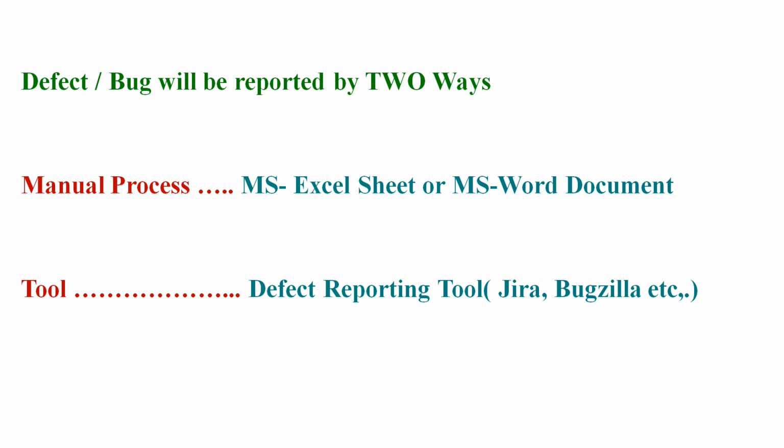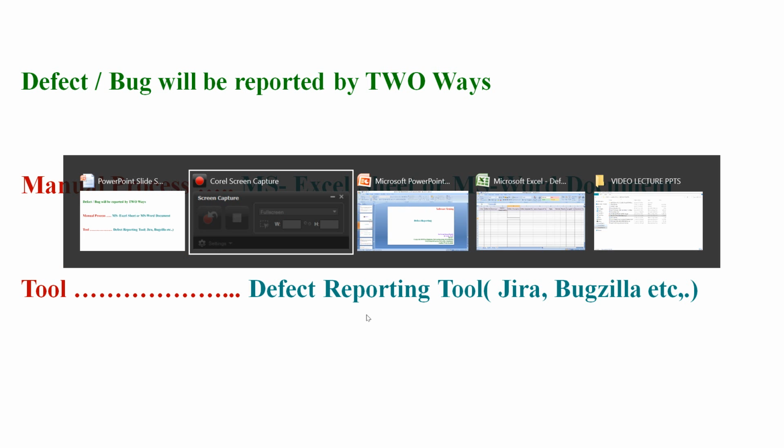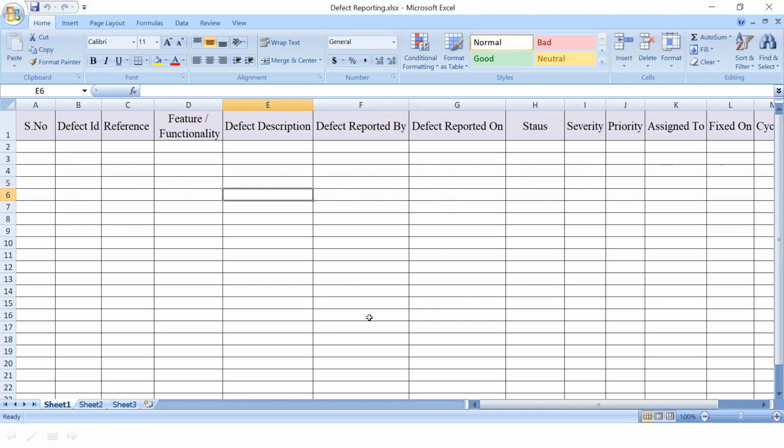Now I am using a Microsoft Excel sheet here. For reporting the defect, the concerned software test engineers will prepare the defect reporting document by using an Excel sheet. All these are the fields for reporting the defect.